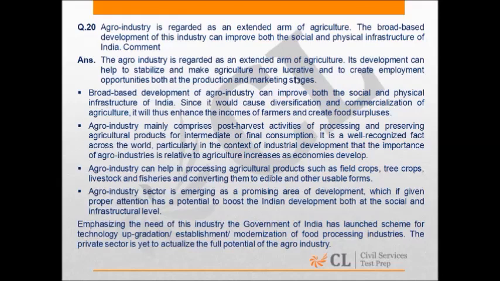On one hand, agro-industry provides employment to a large chunk of the population. On the other hand, it also involves the exploitation of natural resources. So there must be a coherent equilibrium between the exploitation of natural resources and the development and employment generation.